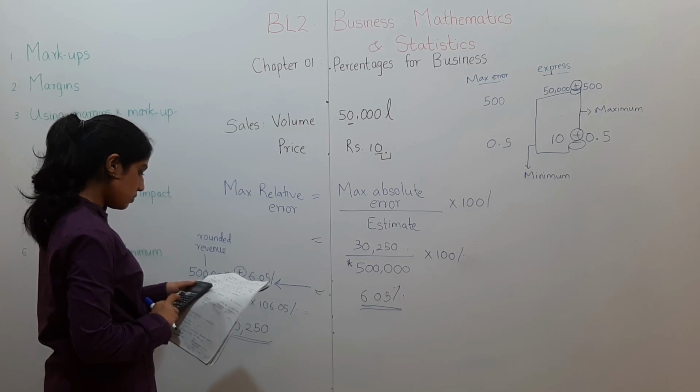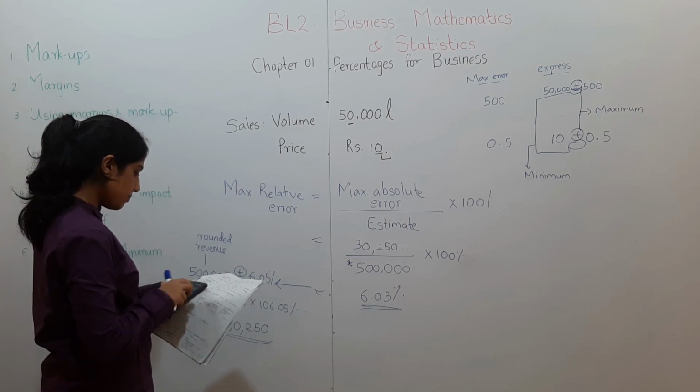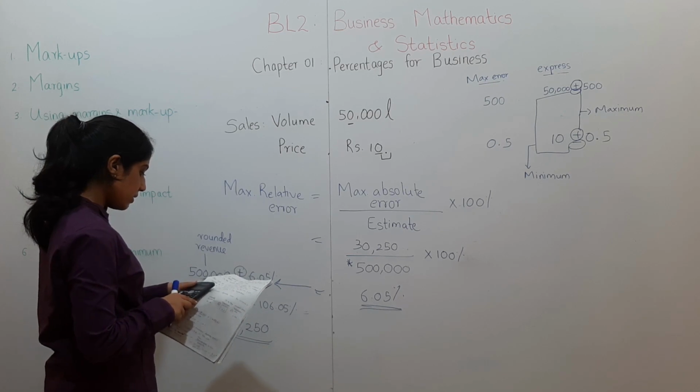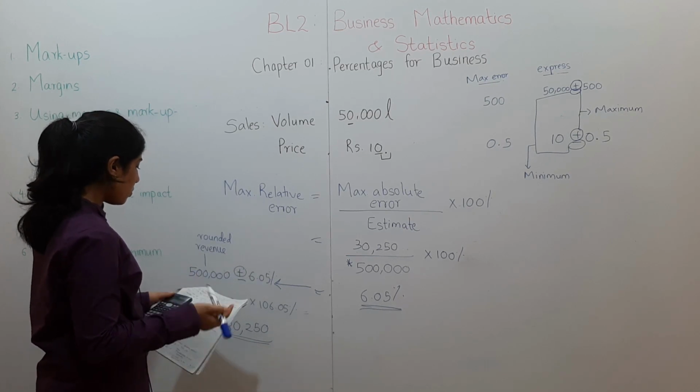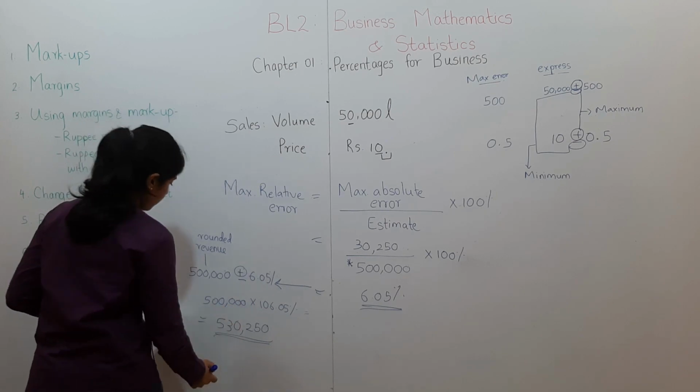Okay, so 6.05, if you calculate that by 100, it is something like 469,750.